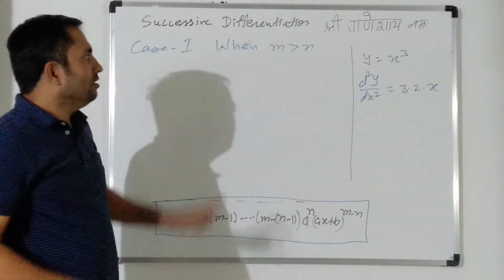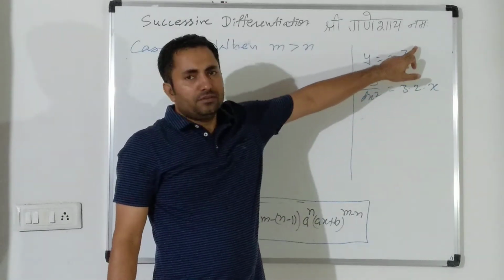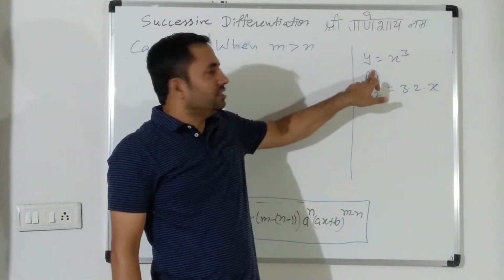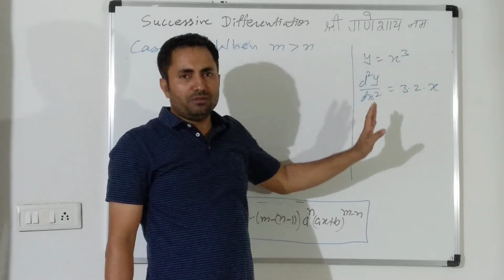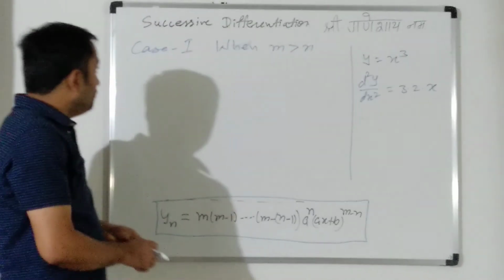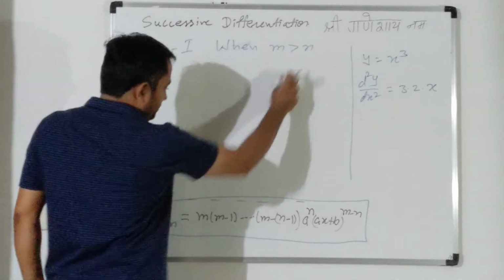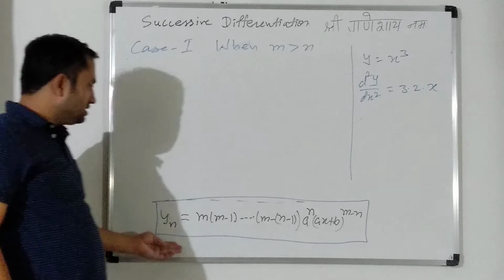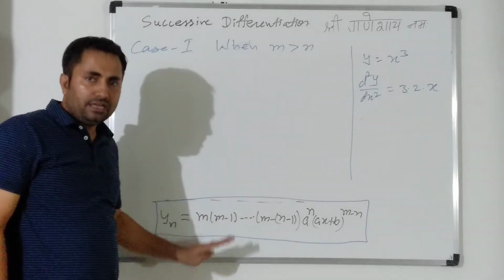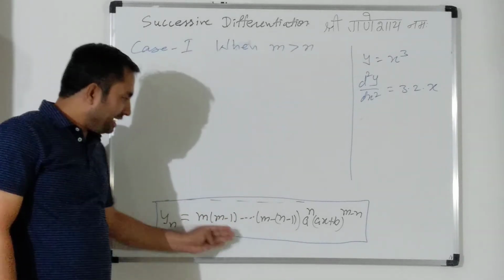It means once the power is greater than the order of the derivative, we don't have any problem. So once m is greater than n, there will be no change, but we have the pattern to derive this.